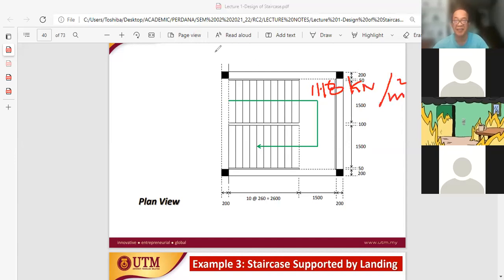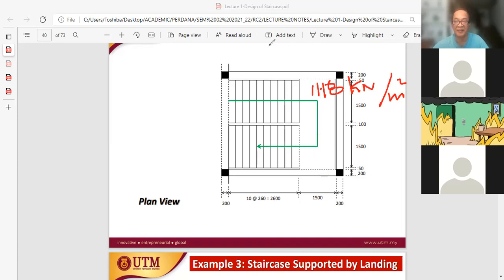Now, my reaction from the staircase, I drew it in blue. The blue indicates my reaction or shear force coming from the staircase. Sorry, it should be drawn roughly in the middle, somewhere in the middle.